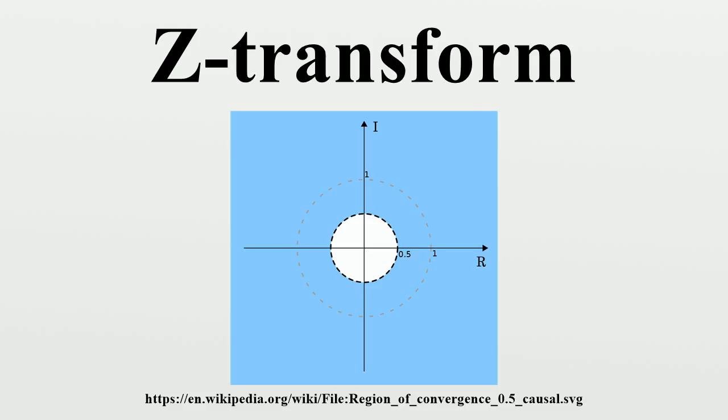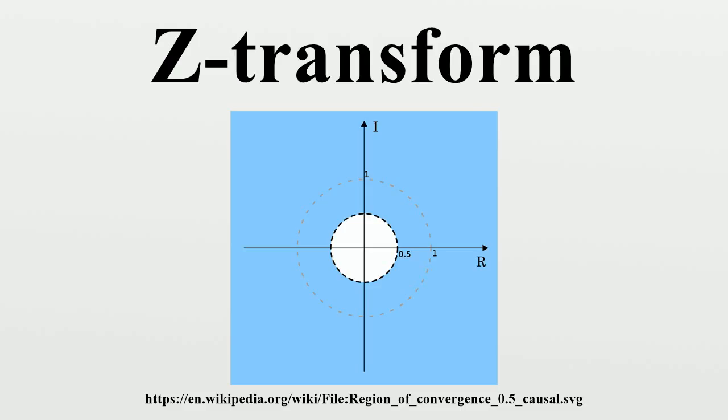Bilinear transform. The bilinear transform can be used to convert continuous time filters into discrete time filters, and vice versa. The following substitution is used to convert some function in the Laplace domain to a function in the Z domain, or from the Z domain to the Laplace domain. Through the bilinear transformation, the complex s-plane is mapped to the complex z-plane.